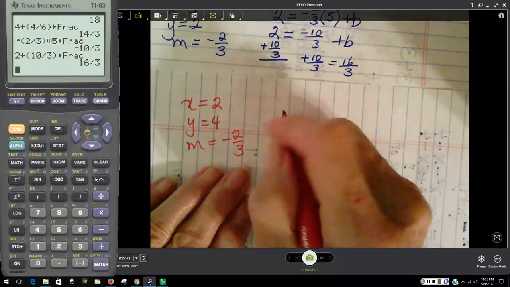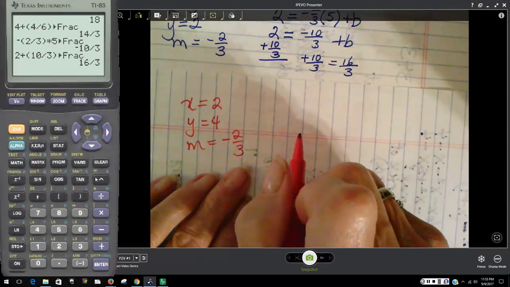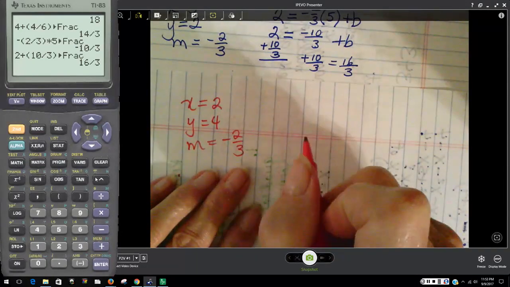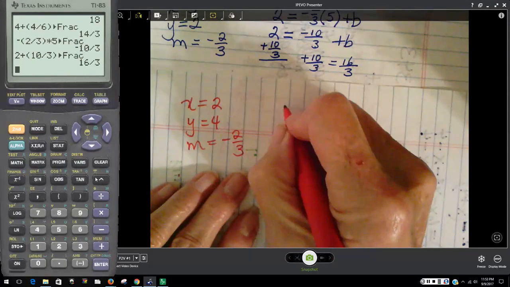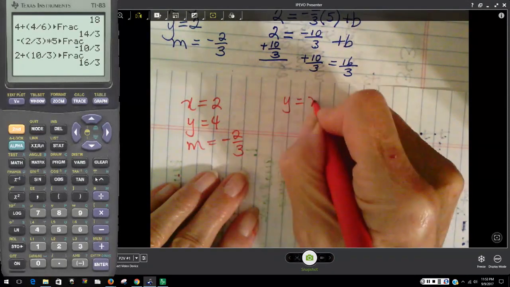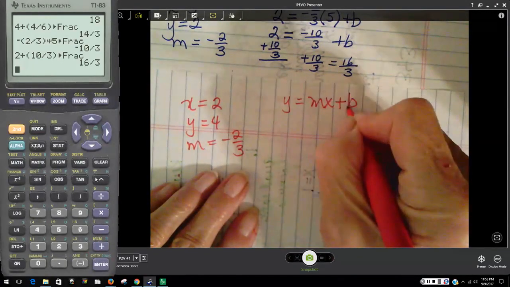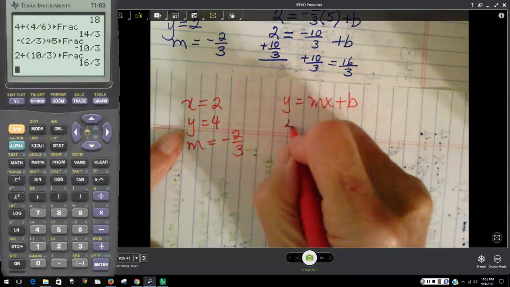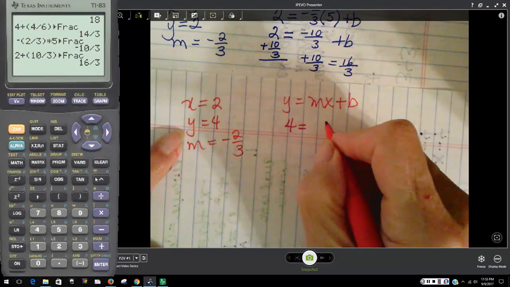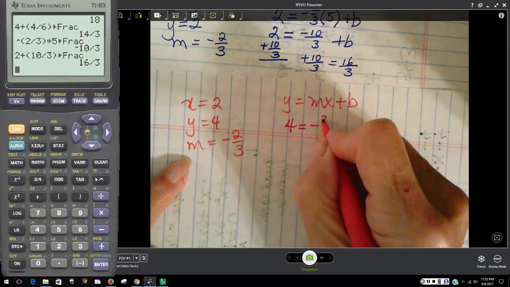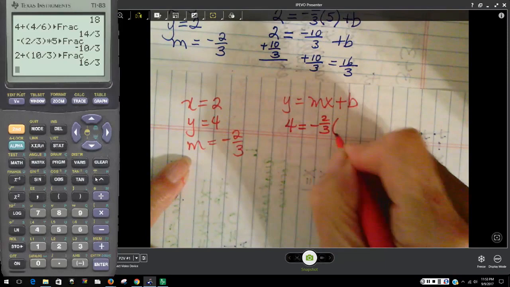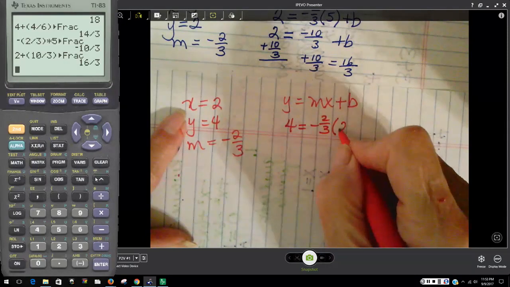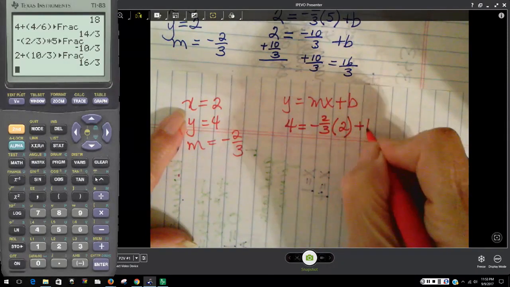Because I find that if you look at a mistake long enough, it looks perfectly correct. So then we have y equals mx plus b, and y is 4, and the slope is negative 2/3, and x is 2, plus b.